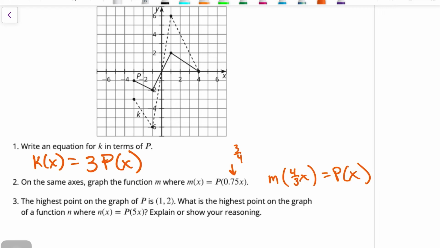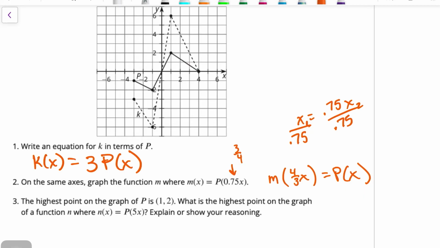If you say x is not equal to 0.75x, but you divide both sides by that 0.75, we'll say that's x sub 1 and x sub 2. That's why it becomes 4/3 x.